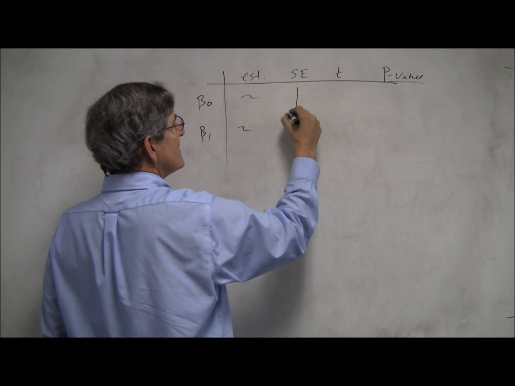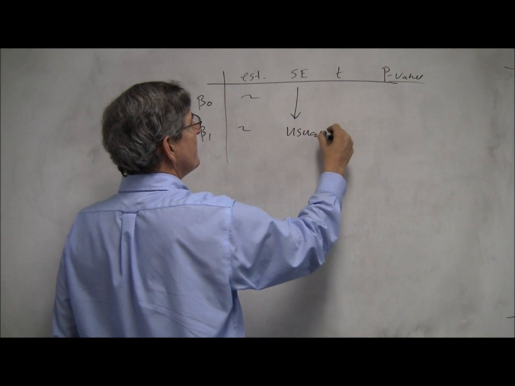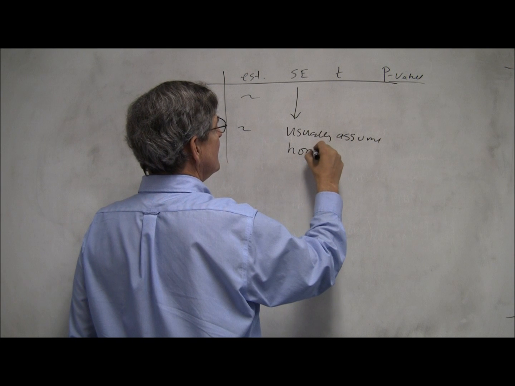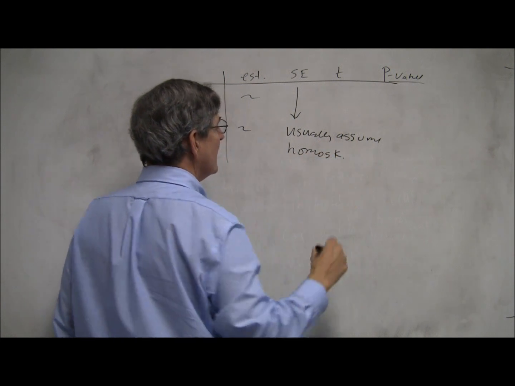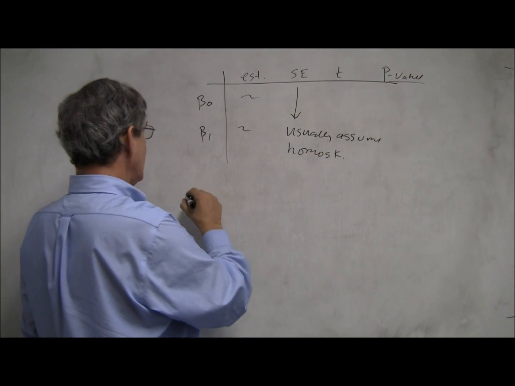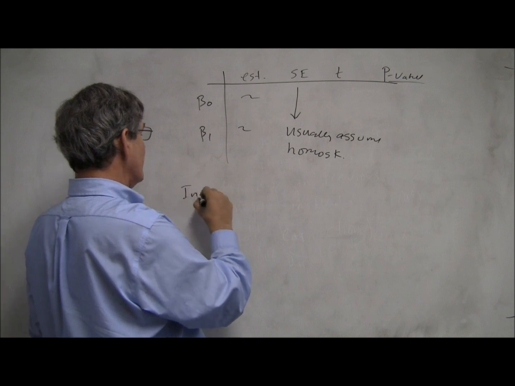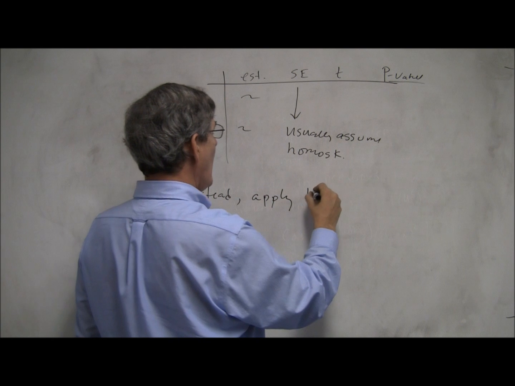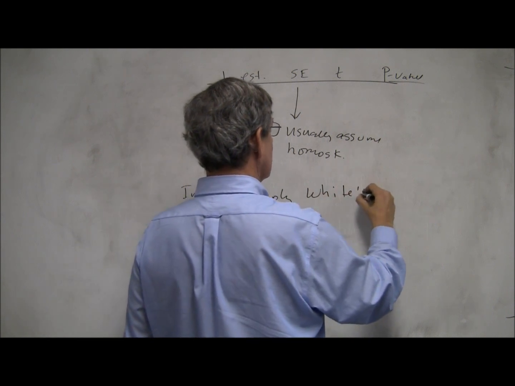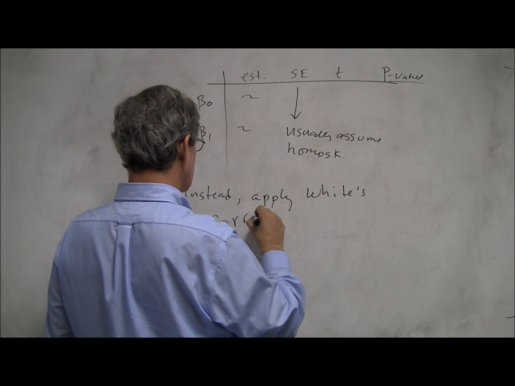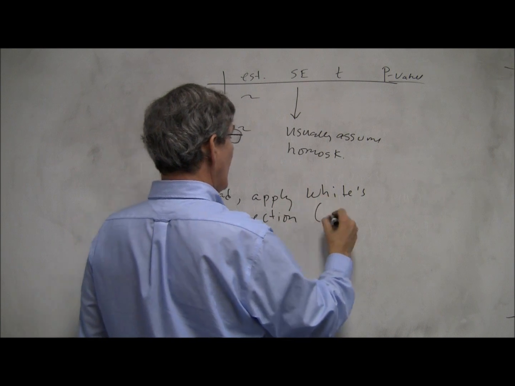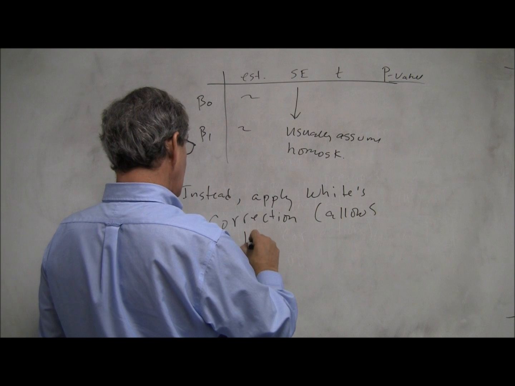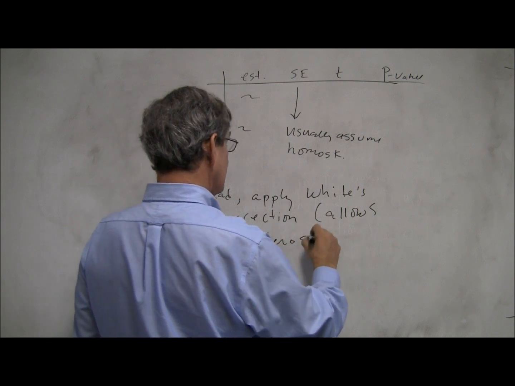These standard errors usually assume homoscedasticity. And so instead, what you want to do is apply White's correction. And that allows for heteroscedasticity.